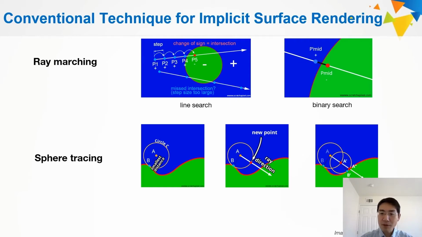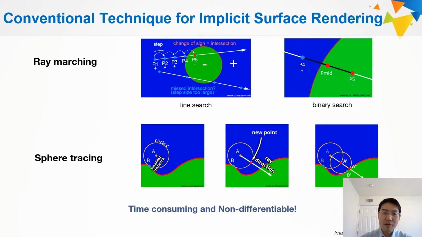We continue such steps until we find a point close enough to the surface itself. So this is a safer way to find the surface. However, it is very time consuming, and more importantly, it is non-differentiable.